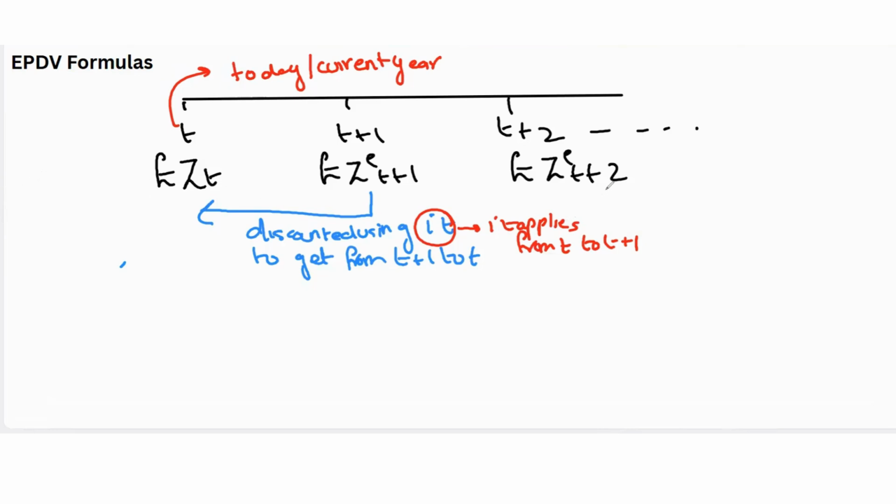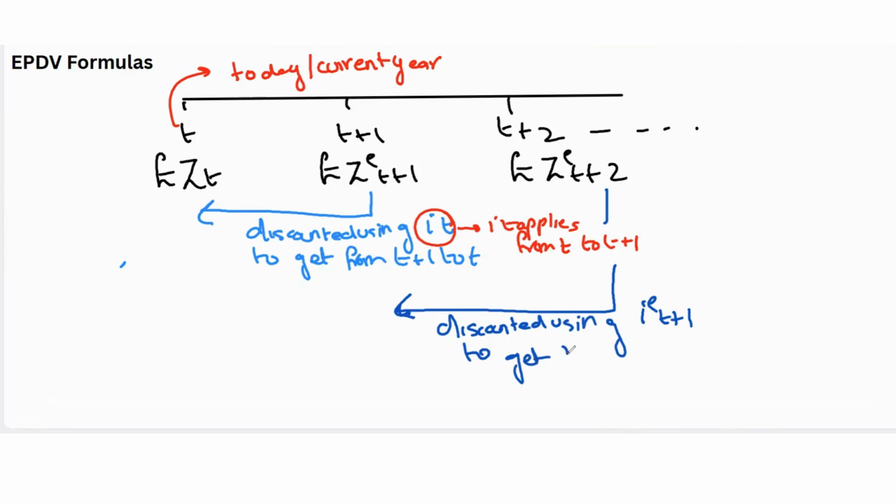So now we have this ZET plus 2. So what I'm going to do is this is going to be discounted. So we're going to discount it using IET plus 1, because remember we want to get this payment in T plus 2 to T to find expected present discounted value, which is the value today. So we want to get first T plus 2 to T plus 1, which we're going to get using IET plus 1, right?